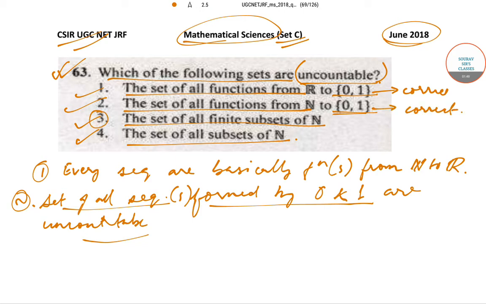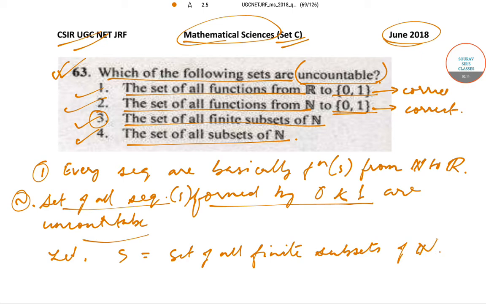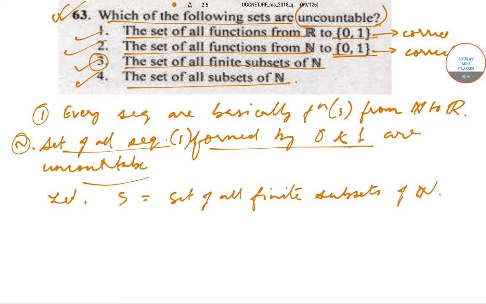Now let's shift our focus to option 3. In option 3 it has been said that the set of all finite subsets of N is uncountable. Let S be the set of all finite subsets of N. Now if S is the set of all finite subsets of N, then we can write that S is equal to the union of Sn, where n goes from 1 to infinity.